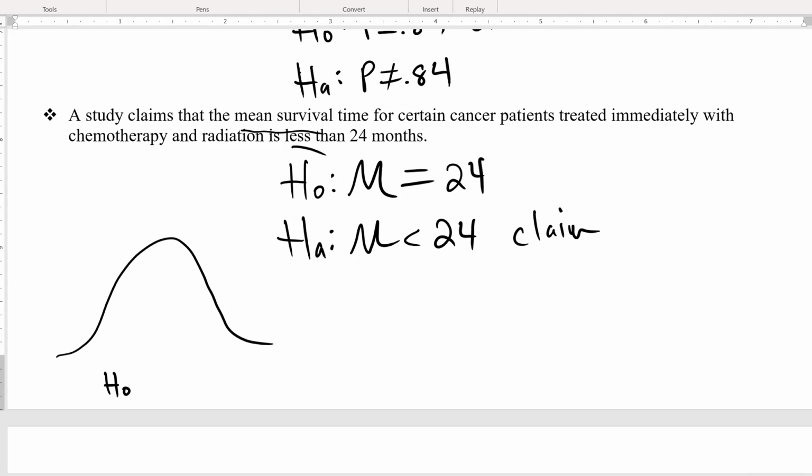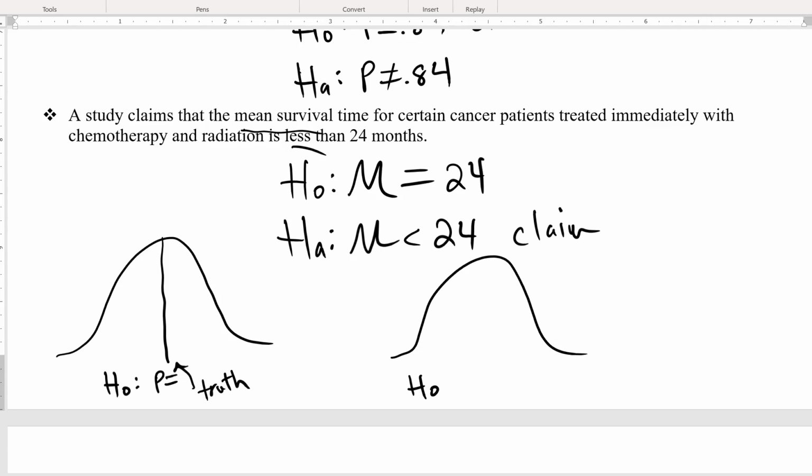and we're taking what either p equals, and we're assuming it is the truth. Or we're taking the null hypothesis and we're taking whatever the mean is that they say, and we're taking that as the truth.